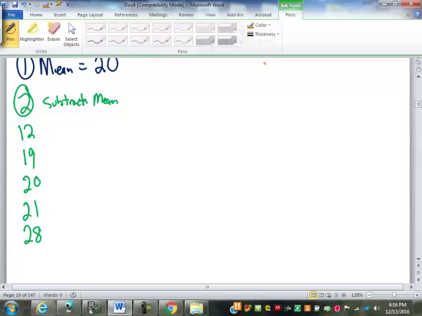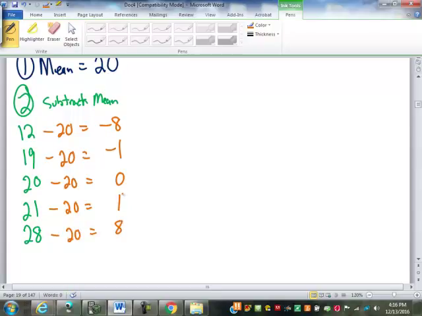I'm going to subtract 20 from each. 12 minus 20 is negative 8. 19 minus 20 is negative 1. 20 minus 20 is 0. 21 minus 20 is 1. 28 minus 20 is 8. Again, if you wanted to, you could add those all up and that should equal 0. It's just a double check.